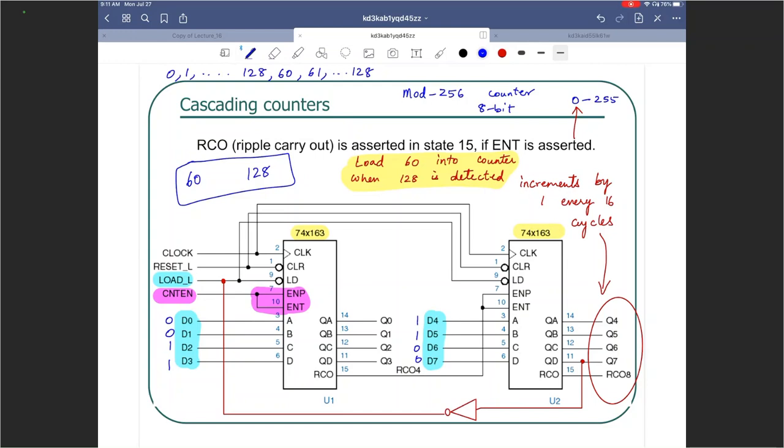So in the second cycle, it will be in the correct desired cycle, 60 to 128, from the second iteration. But for the first one, it will start initially from 60.